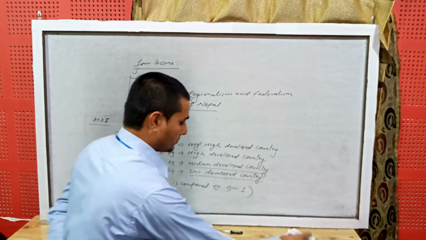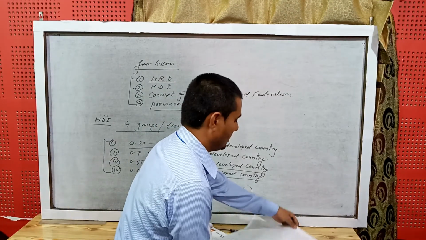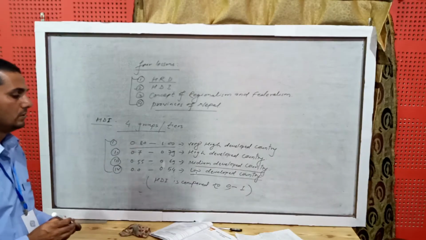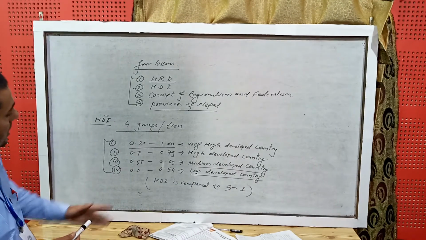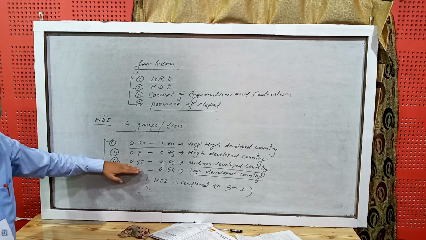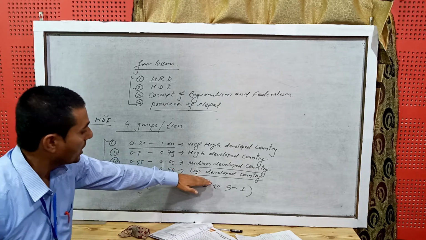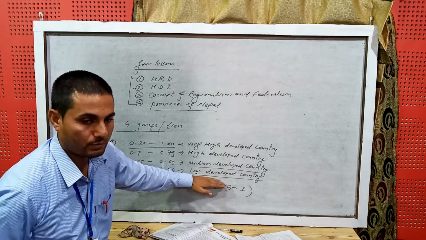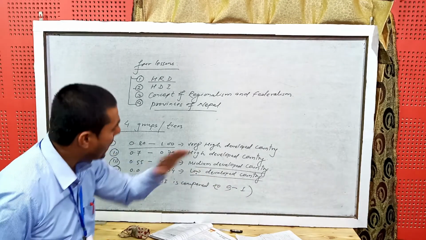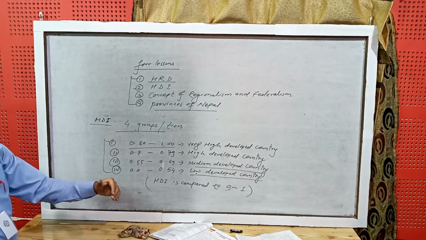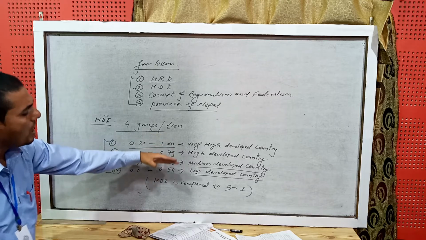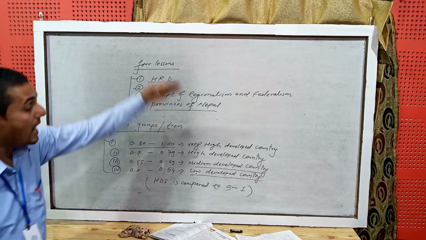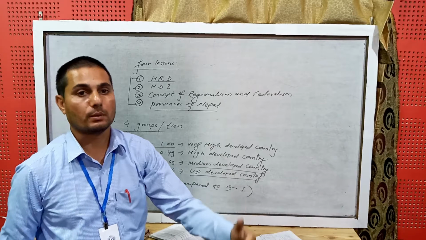And dear students, once more, our country, as I said earlier, has just been upgraded to a medium developed country from a low developed country. What should be done to upgrade from a low developed country to a medium, high, or very high developed country?